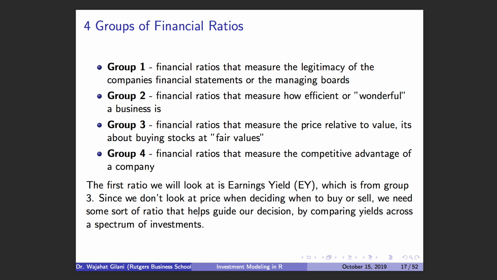As value investors, the price tends to be noise that has a lot of emotion behind it, overreaction. We believe the market always overreacts. It always tends to go up too high, and it always tends to go down too low. To us, the price is just noise. We need another ratio to help us gauge whether the price we're going to buy something at is indeed a fair price, and that's where earnings yield comes into play.